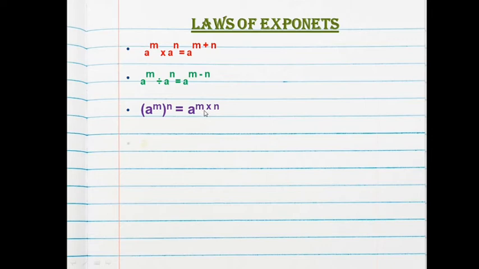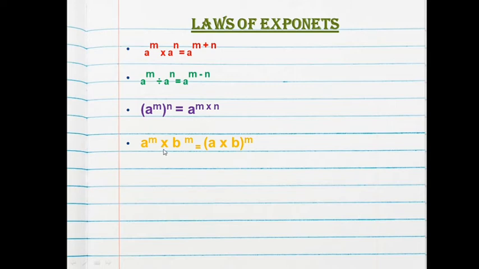Then the fourth law, a raised to the power m into b raised to the power m equals a into b whole raised to the power m. So here bases are given different and exponents are given equal, and it is given in the form of multiplication.